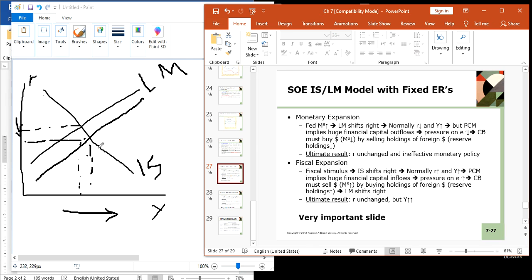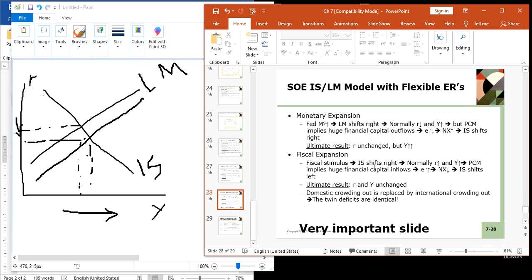So LM shifts to the right as well. The ultimate result: the interest rate will stay unchanged, but income increases.